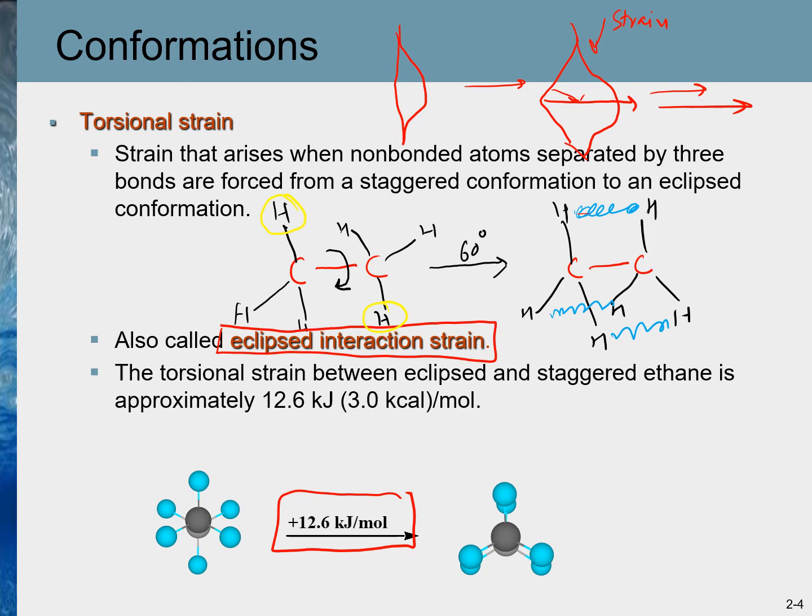Yes, they are bonded to carbon, but they are not bonded to each other. And now they are separated by 3 bonds. That's 1 bond, 2 bonds, and 3 bonds. And when we force these non-bonded hydrogen atoms separated by 3 bonds to go from staggered to eclipsed, as we did here, that strain is known as torsional strain.